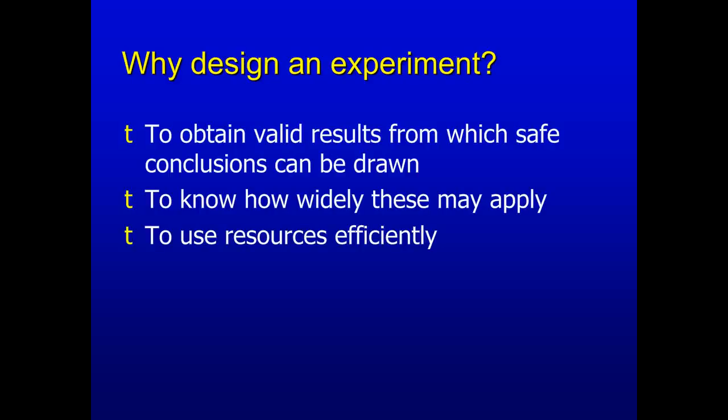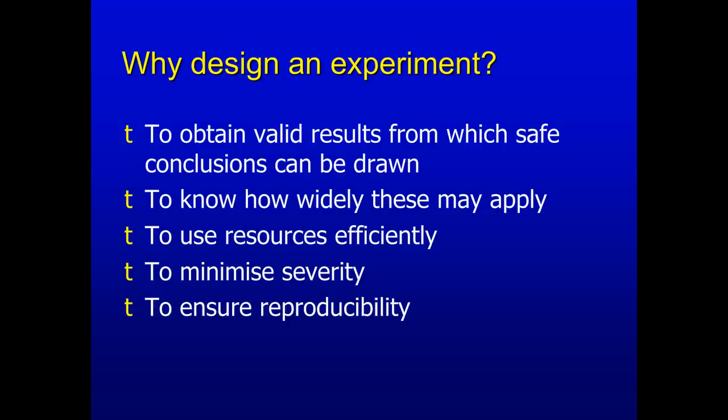To use the resources, people's time, the animals, and the equipment efficiently, and to minimize the impact on the animals or the severity of the procedures, but also to ensure reproducibility. So those need to be in your mind when you're thinking about optimizing an experimental design, and therefore they need to be part of any teaching approach and be emphasized.